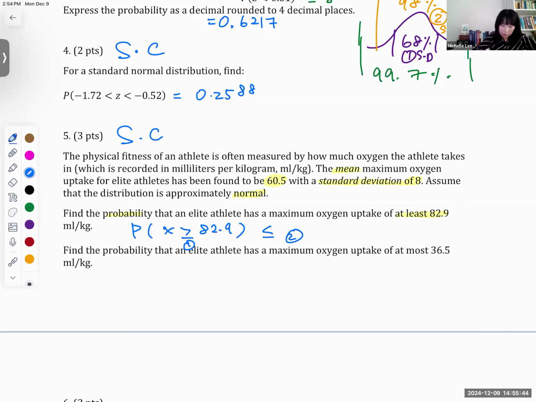Thank you in the chat. So we are using that. How about the second one, at most? What kind of inequality do we have to use? At most. Very good. Okay, let's find out.